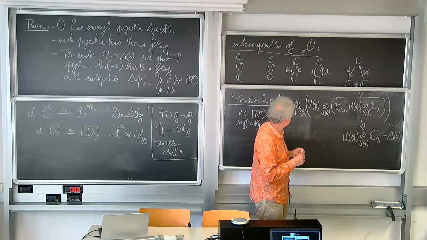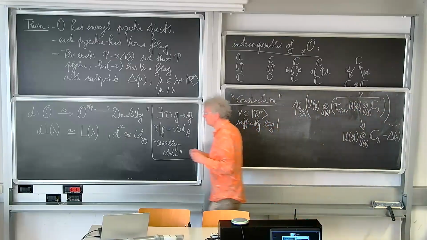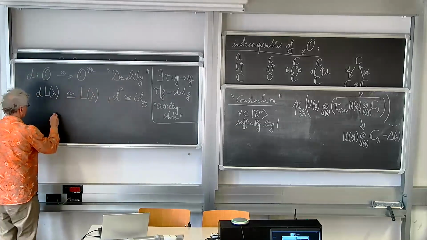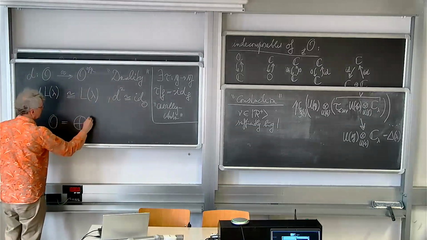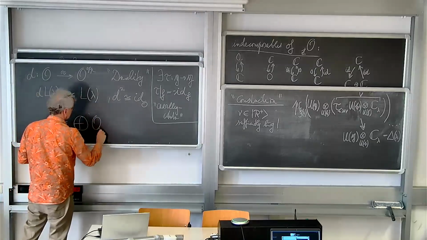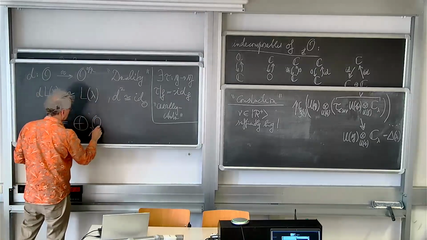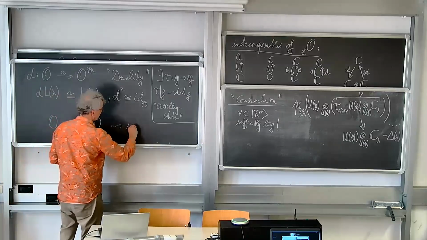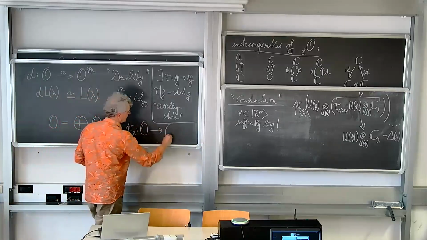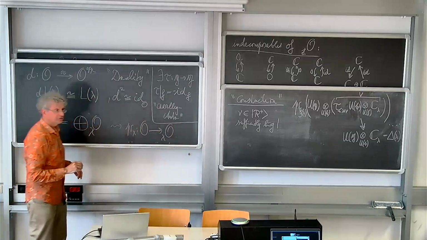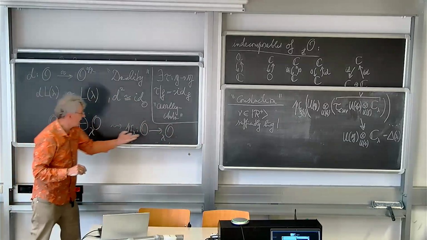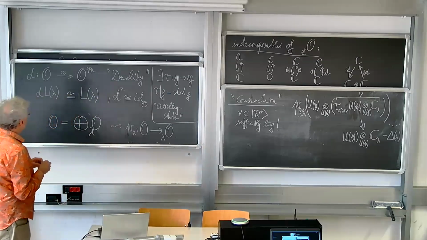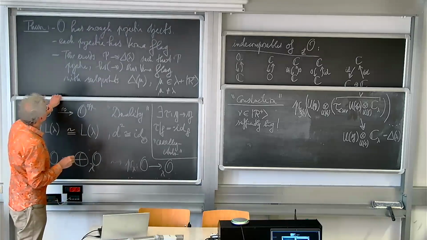I should say that I maybe didn't make it sufficiently explicit. I have this decomposition into O_χ, and to this decomposition corresponds this projection functor, which are exact functors, just taking the χ generalized eigenspace corresponding to the central character.